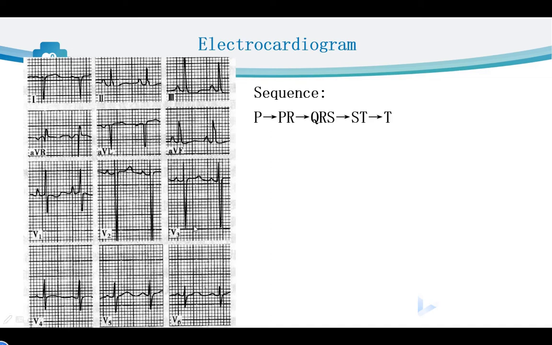Let's look at this picture and try to find the abnormal trends in this patient. Firstly, let's look at the P wave. We can find increased P wave amplitude. Let's look at here. Each box presents 0.1 millivolt. And let's count the box of the P wave.